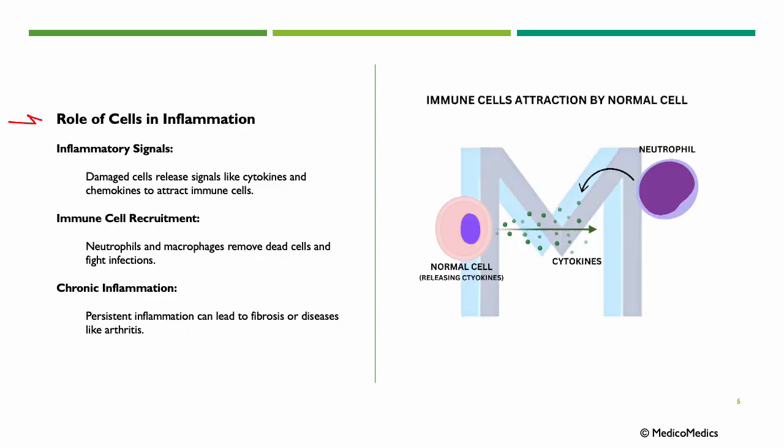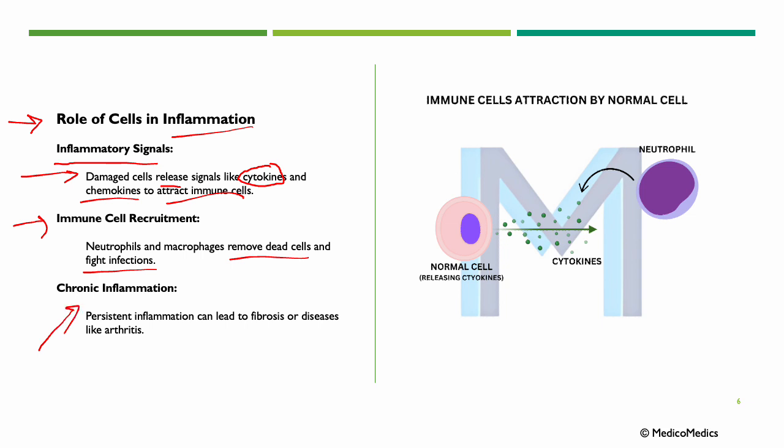So briefly then, what is the role of cells in inflammation? So we have inflammatory signals, where damaged cells release signals like cytokines and chemokines to attract immune cells. We then have immune cell recruitment, so neutrophils and macrophages remove dead cells and fight off infections.